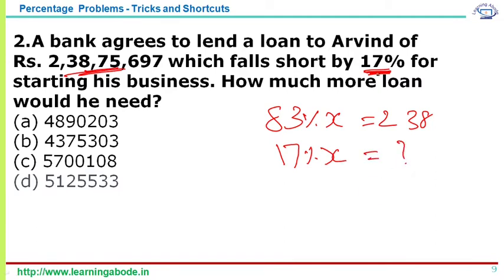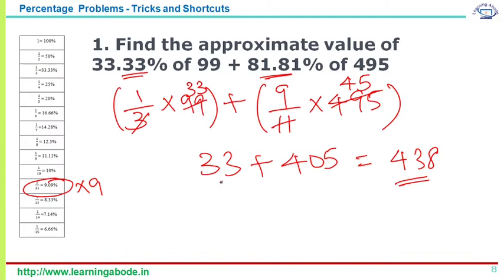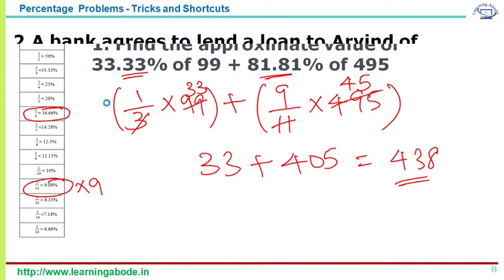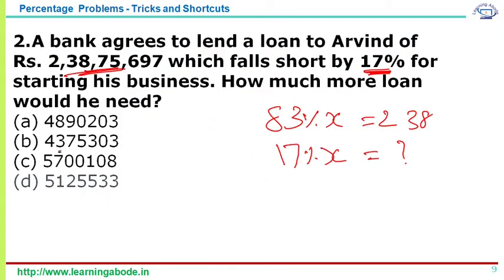Just go to the table here. 17 percentage is what you require, and what you see here is 16.66 percentage. You may think it's too much of an approximation, but when you look at the answer choices, 487, 437, 570, 512, the values are far apart, so you can go for that approximation.